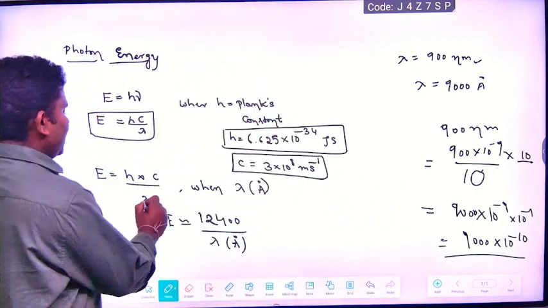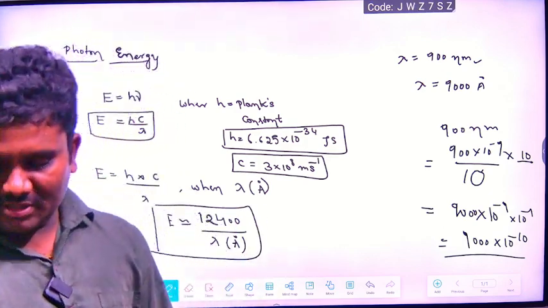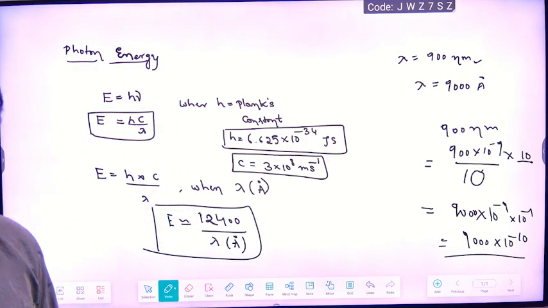This is the energy of the photon. Understood? Please take one problem for this.